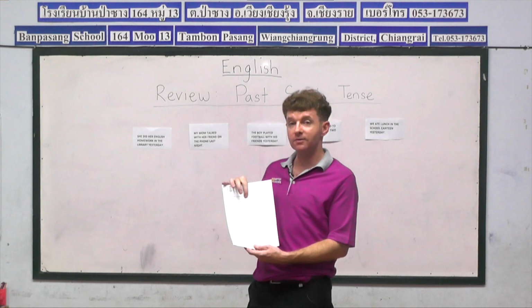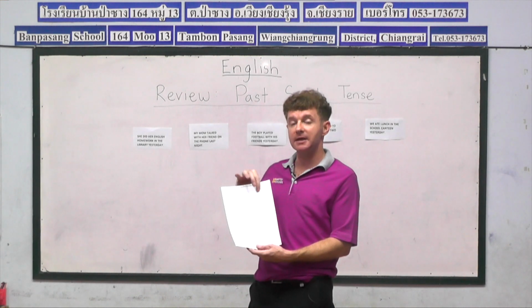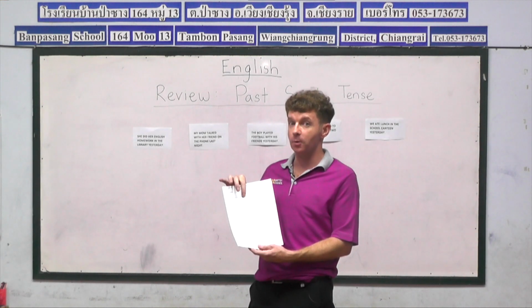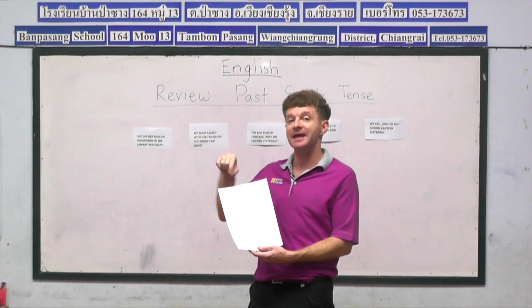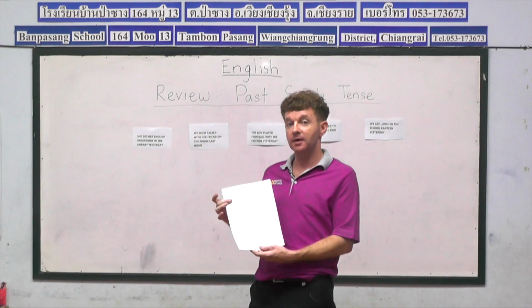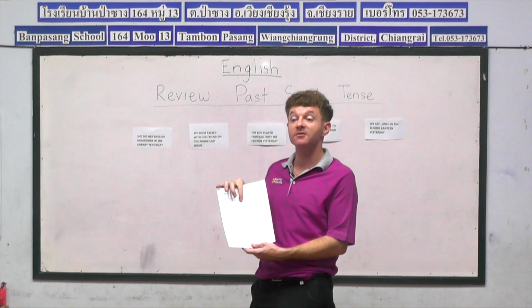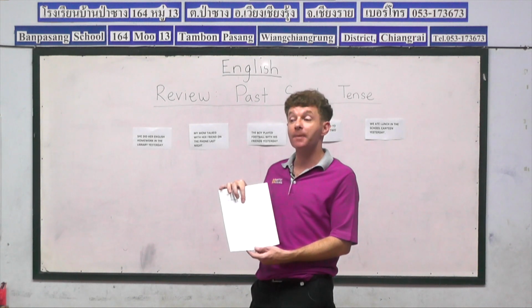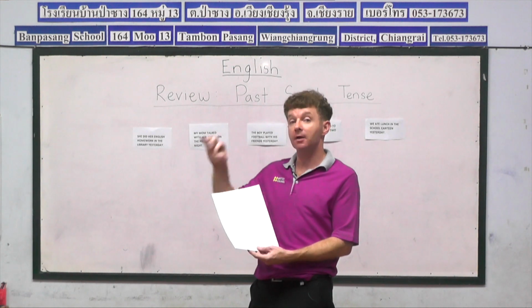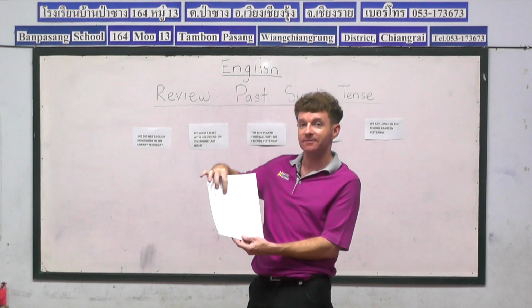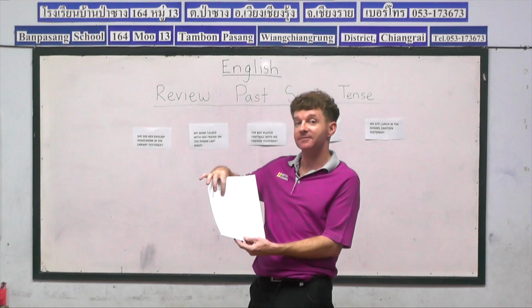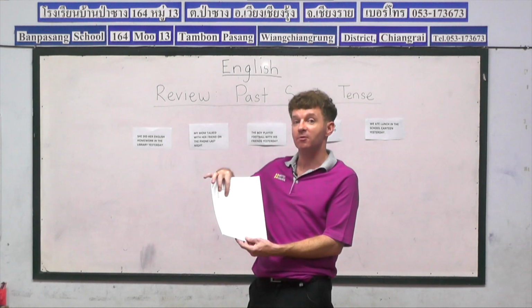What our students need to do is read the sentence and the verb word and write the past tense form of the verb. For example, the first verb is play. And what's the past tense of play, guys? Played, plus ed, played. So our students can write the past tense verb in the space provided.